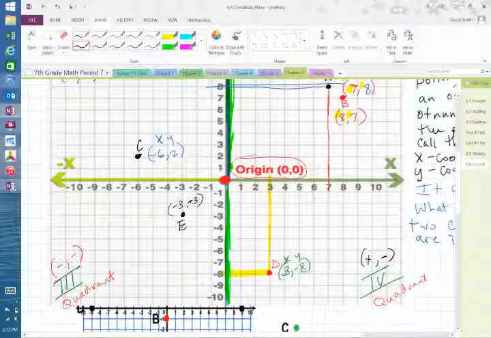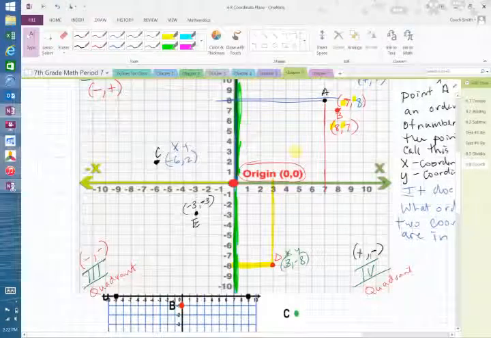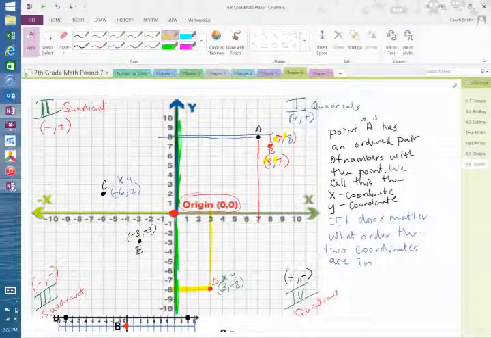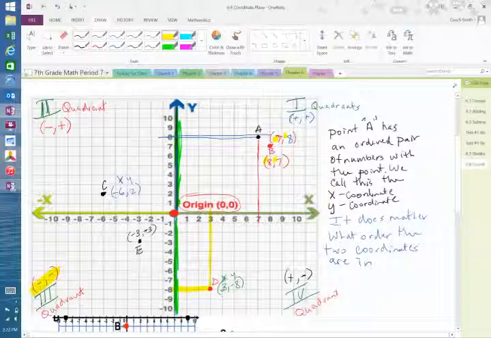Now, you will notice that this is the opposite of quadrant 1. So quadrant 3 and quadrant 1 have the opposite as far as their coordinates being negative and positive go.